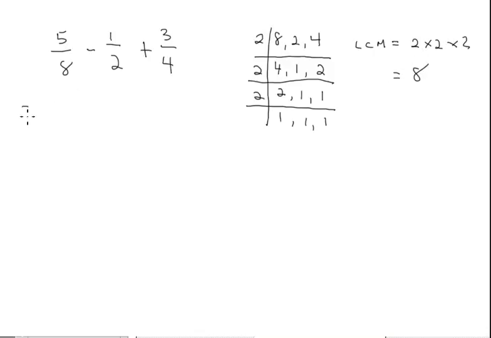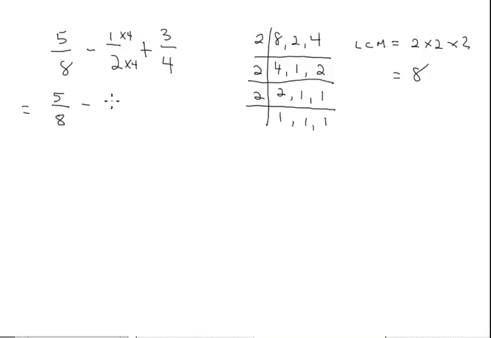Then we come here and we put this equal sign here, and we put the 5 over 8. We copy this back because the denominator is already 8. We don't have to do anything to this fraction. We copy back the minus sign again, and this 1 over 2, I need to change the denominator 2 to 4. So I multiply 2 with 4 on the denominator, and in so doing, I need to multiply the numerator with 4.